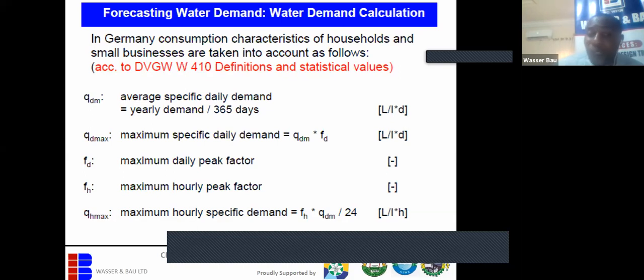And that is what you use for your design. So we have two factors of safety: the daily peak factor and the maximum hourly peak factor. When you are designing for the tank, transmission network, and treatment plant, you use the daily. When we are talking about the distribution network, you use the hourly peak flow.